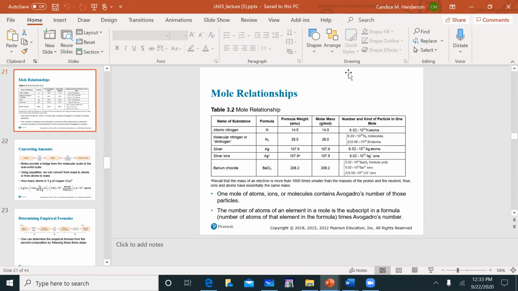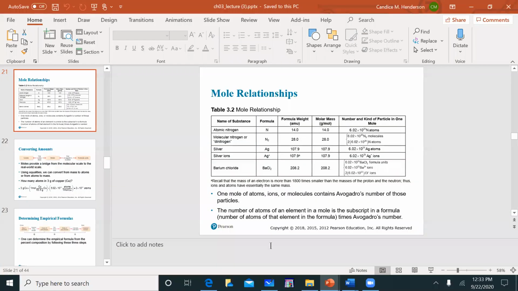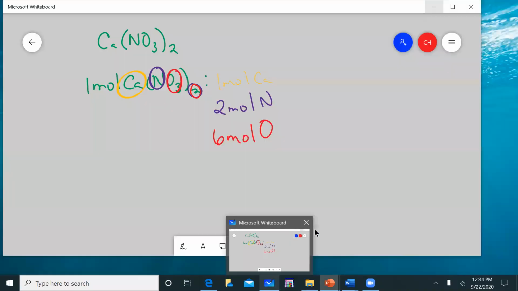We're looking at how the formula weight is equivalent to the molar mass. Molar mass is in units of grams per mole instead of AMUs, and this is useful as a conversion factor, going from grams to moles or moles to grams.